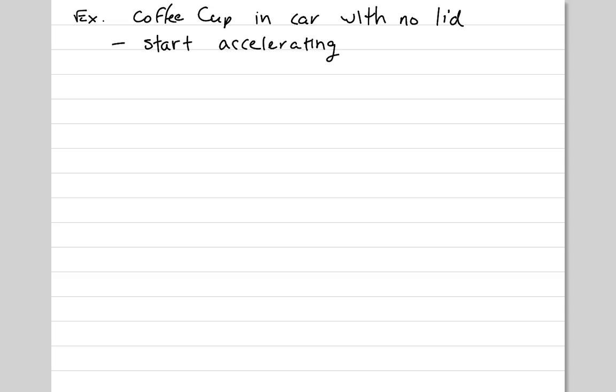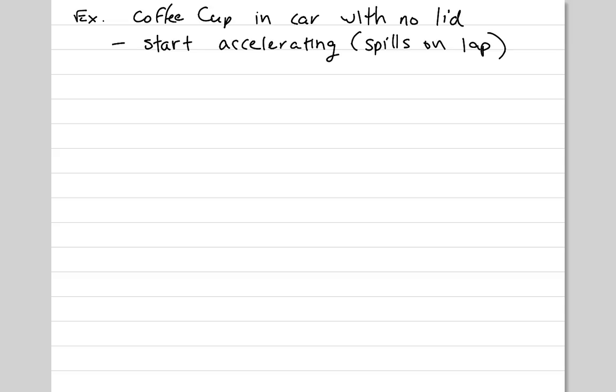On your lap or on the dash, like by the windshield? Good, it spills on the lap, because it wants to stay where it's at, but yet you're moving forward, or backward, however, which way you're going. Let's just imagine we're accelerating forward, like everyday driving.